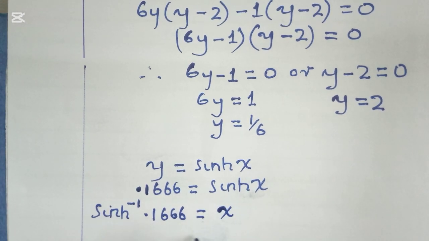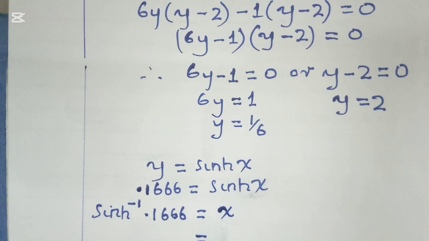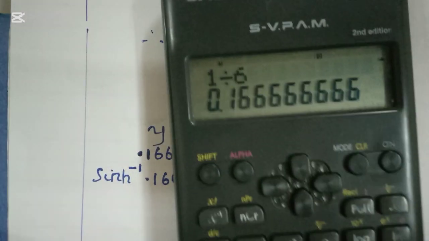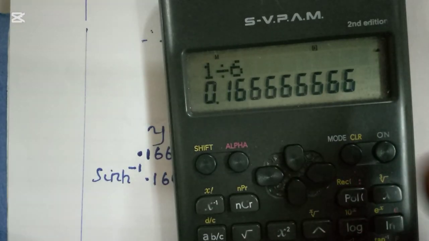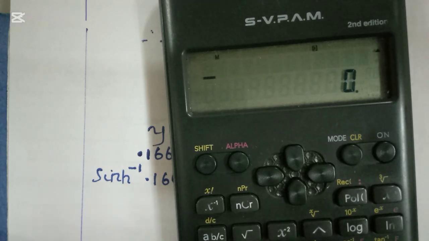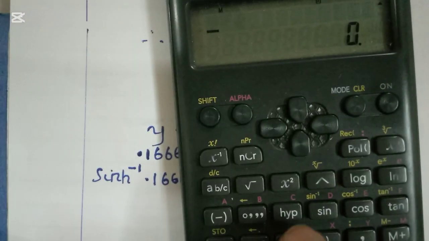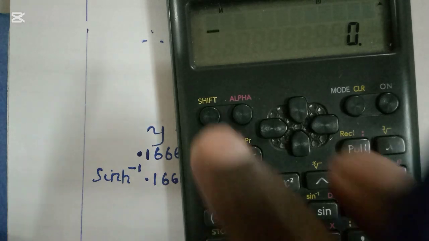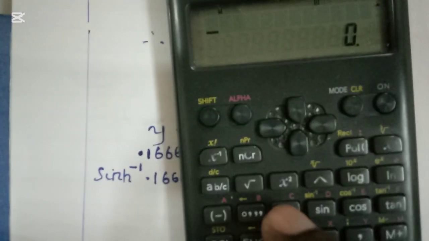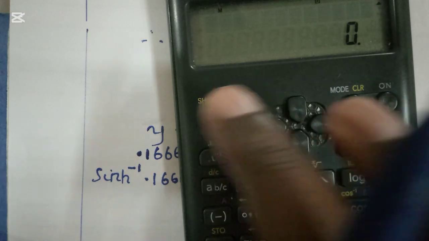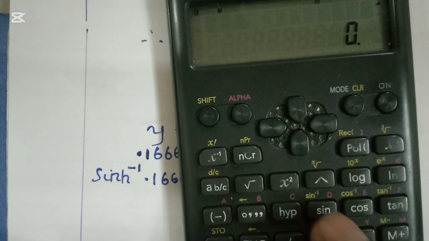This one is now going to be from our calculators, guys. This is not what we normally do. We go to hyp. You see this hyp. First of all, we press this one like that, then press shift, and then you go to sine.